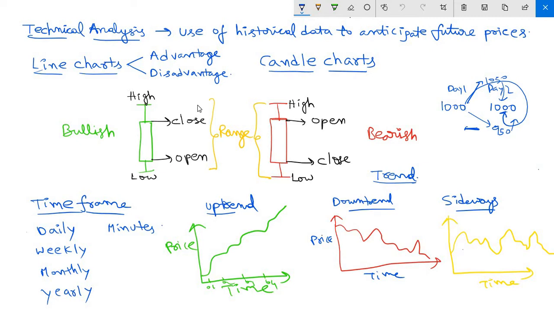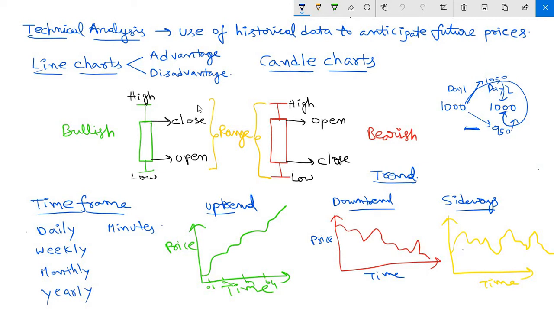To keep it simple, you'll know what happened at the end of it, but you don't know how it happened, the process by which it happened. You will not know that in the line chart. So that's why its scope is limited.